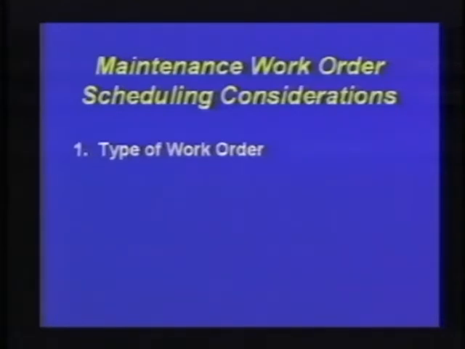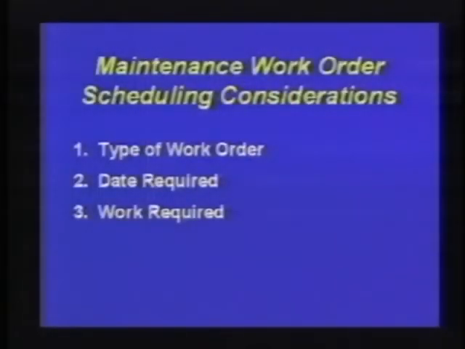Is it planned or is it unplanned? Secondly, we want to determine the date required. Now, if it's a planned requirement, that could be a shop calendar date. It could be a date established by a predictive maintenance input. It could be a date from a machine hour meter reading or from an odometer reading.